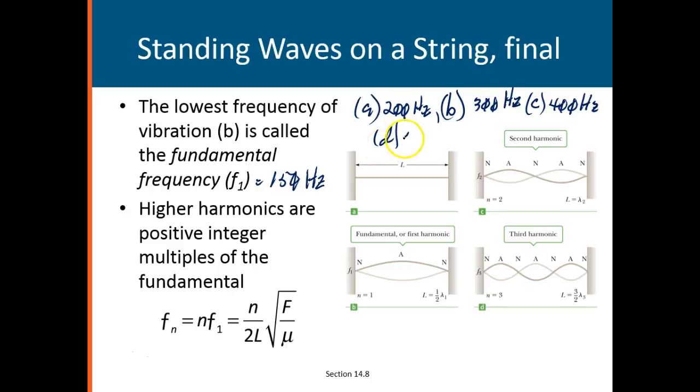E, 600 hertz. Of those 5, which, 1 or more, 0 or more, would be higher harmonics of the string with a fundamental frequency of 150 hertz?